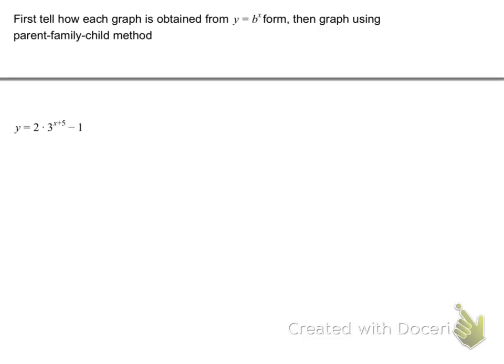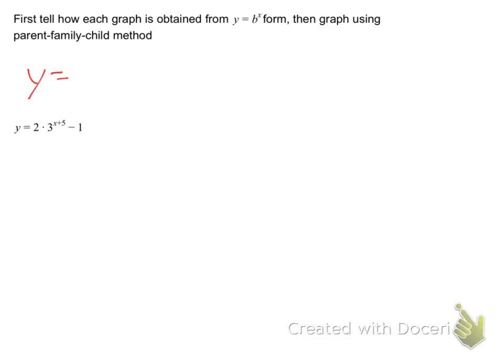You need to recognize that this does have a parent. You don't have to state it for the describing part, but what is the parent of this function? y equals 3 to the x. Not 3x, but 3 to the x power.